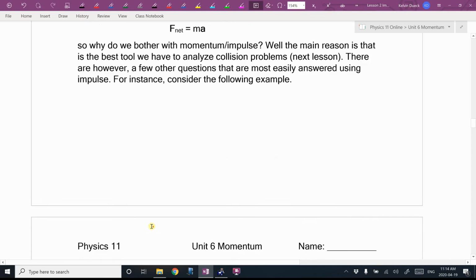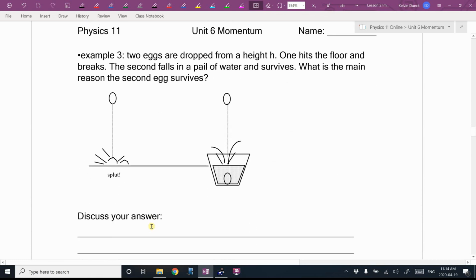For example, if your folks are okay with it, you can try this experiment at home, but it might waste eggs, so maybe not. Let's suppose you drop 2 eggs from an identical height, h. One egg hits a concrete floor and breaks, splut.